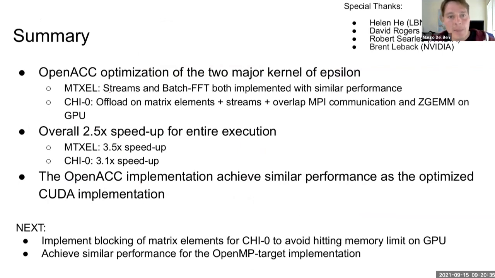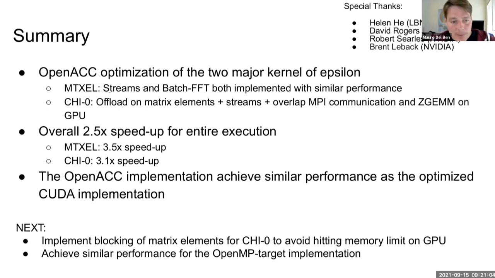And chi-0 takes mainly advantage of reduced memory copy as well as overlapping the MPI communication on the host with the ZGEMM on the GPU. And overall, we achieve more than 2x speed up, and each of the individual kernels more than 3x. And most importantly, the OpenACC implementation at this stage achieved very similar performance to the CUDA implementation, which we consider to be the ceiling of performance for NVIDIA hardware.